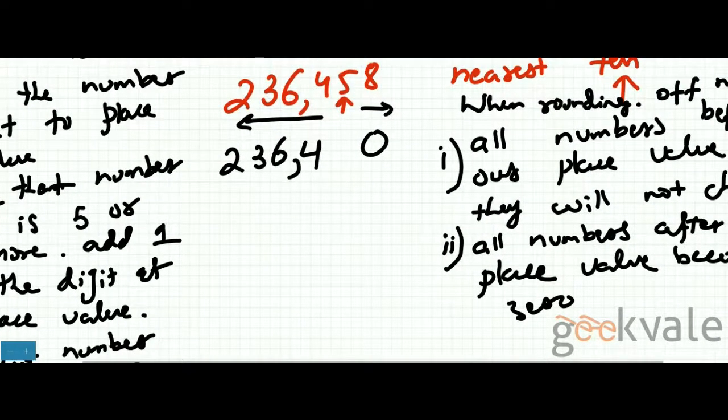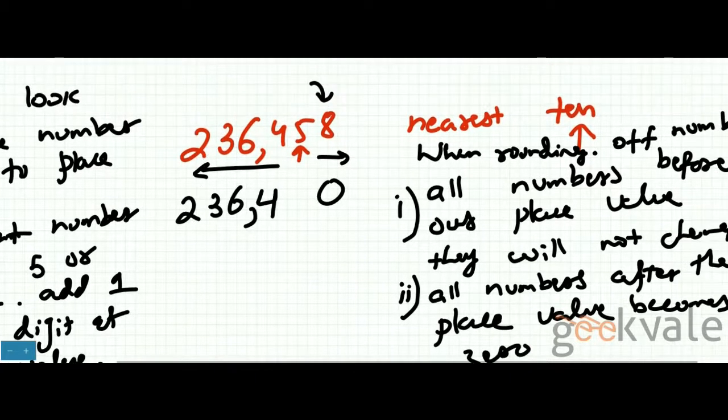In this case, the number next to my place value is 8. It is more than 5, so we will add 1. 5 plus 1 is 6. Simple. That's how we got the number after rounding this number to the nearest 10. Now let's do one more example.